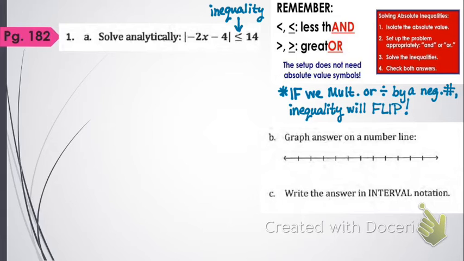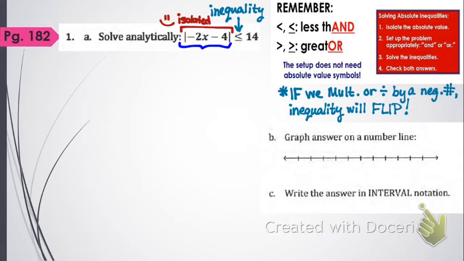All right. Just like when we're doing this with equations, I want my absolute value to be isolated. Yep, this one's already isolated for us. So I'm happy about that. That makes it a little bit easier. What does absolute value mean again? How far it is from 0.